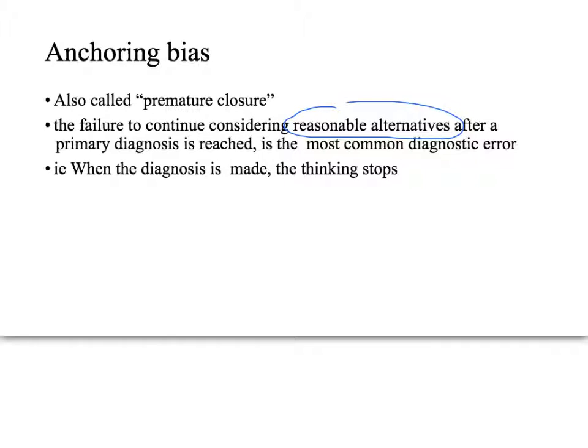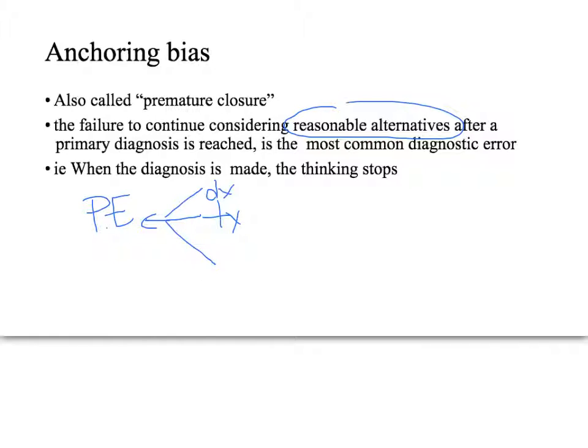And so let's say you had a patient and you decided that they had a PE or pulmonary embolism based on their signs and symptoms. And you did diagnostic tests appropriately, you treated them appropriately, but what's missing? So you treat them appropriately for a PE, right?